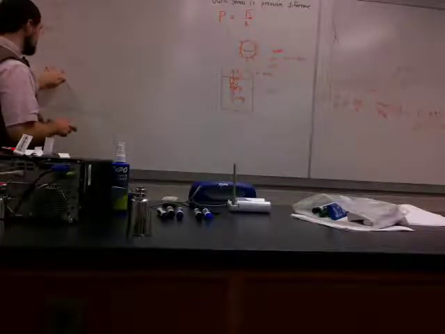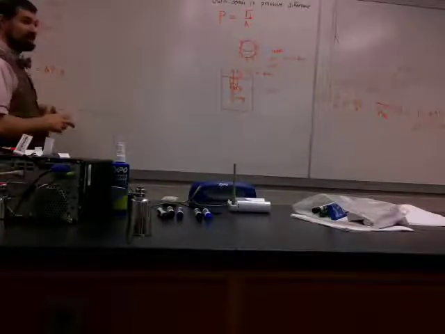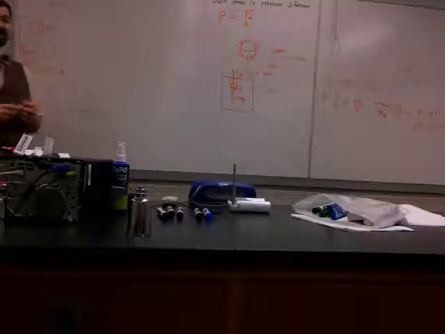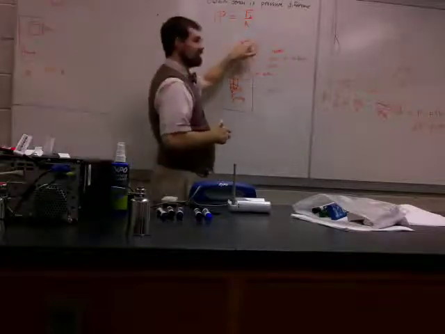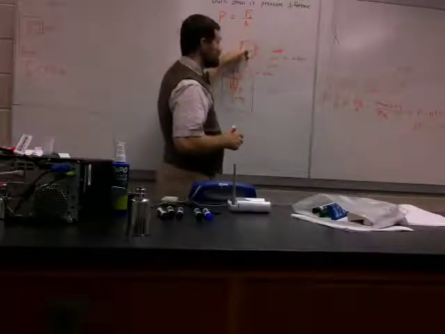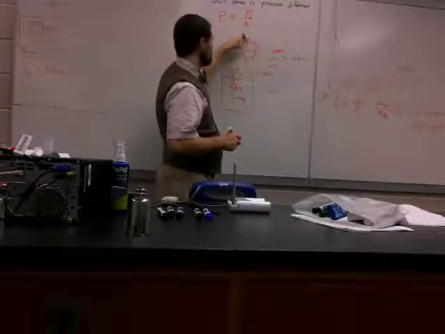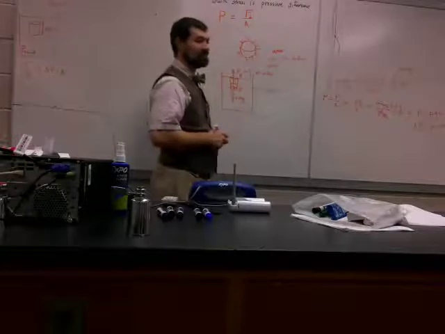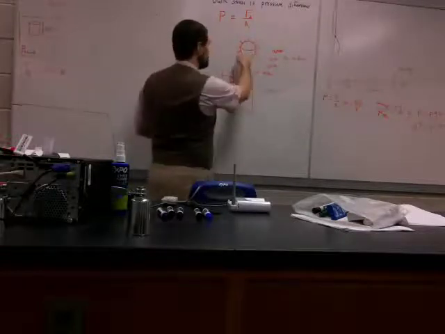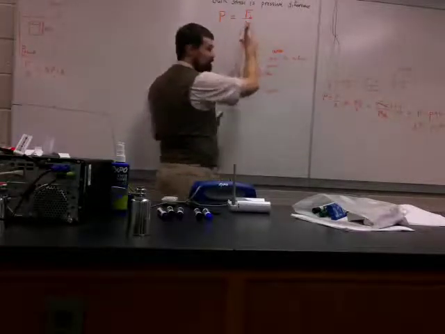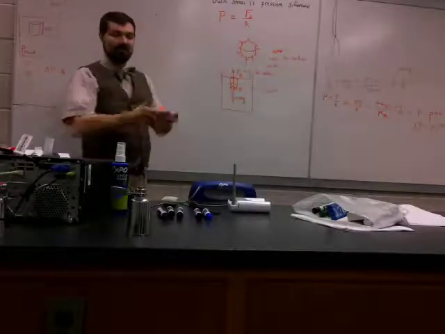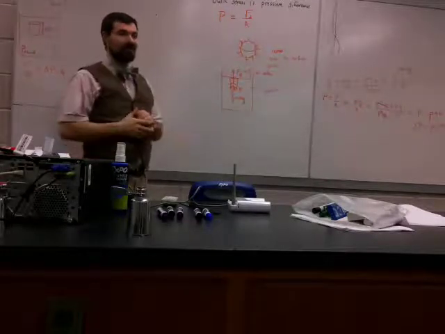Because it no longer becomes obvious what delta P is. It may be changing. If you have this sphere, for example, delta h is different here than it is here. And therefore delta P here and delta P here are going to be different. And also A, what do you use as the area here?